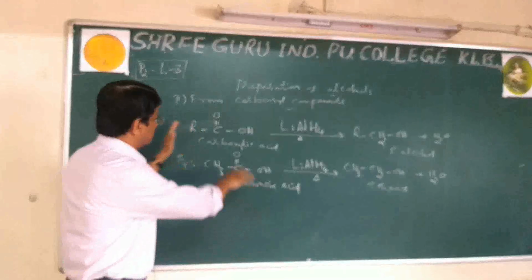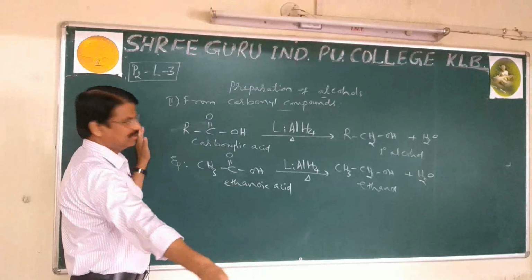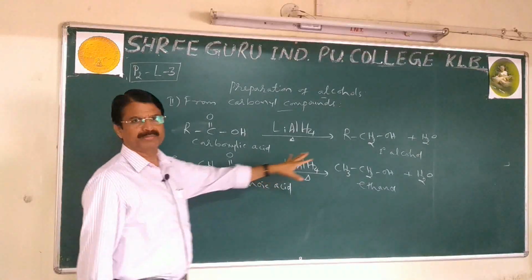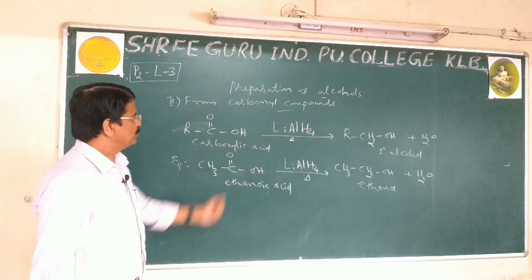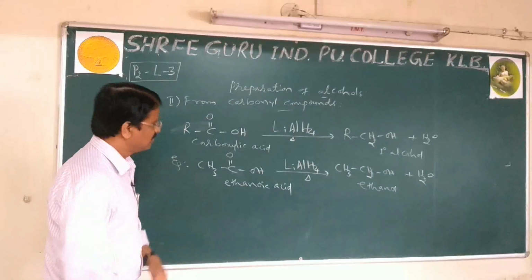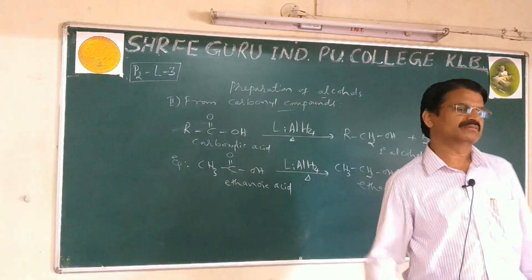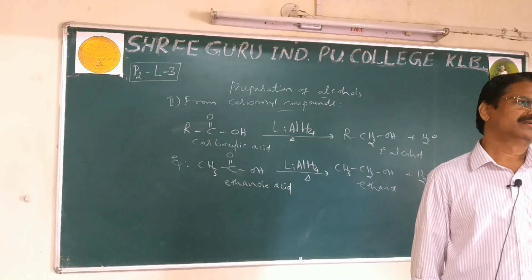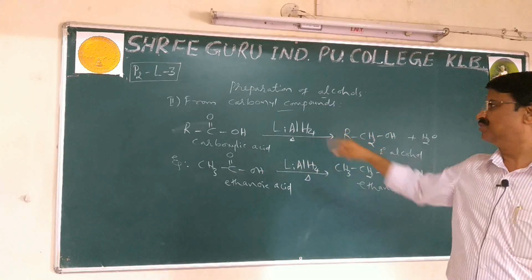Other examples: acetic acid, propanoic acid, butyric acid, benzoic acid, all these are used to prepare what? Primary alcohols. But the use of lithium aluminum hydride in such cases, carboxylic acid, in industries, they are not using this one because it is costlier, and only in special compound preparation can one use lithium aluminum hydride.